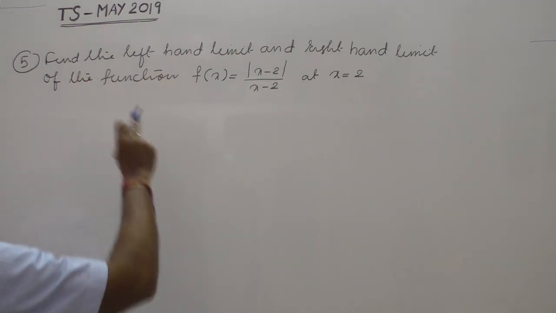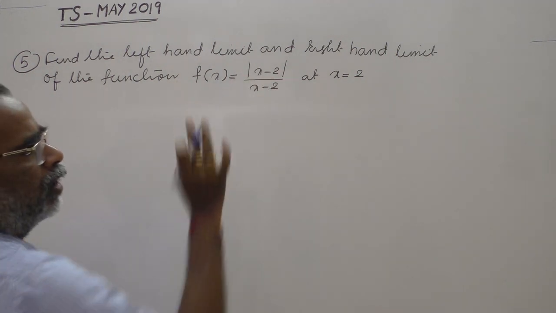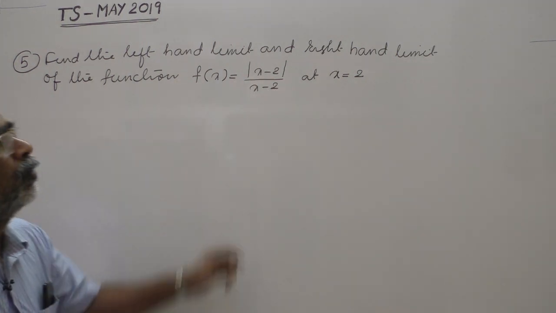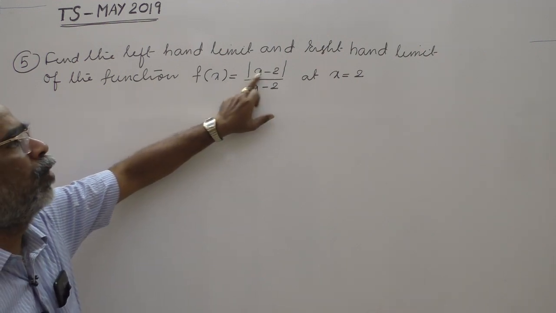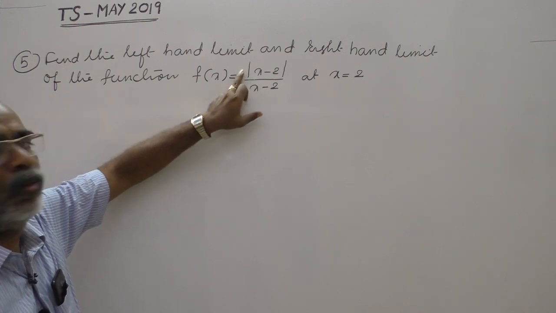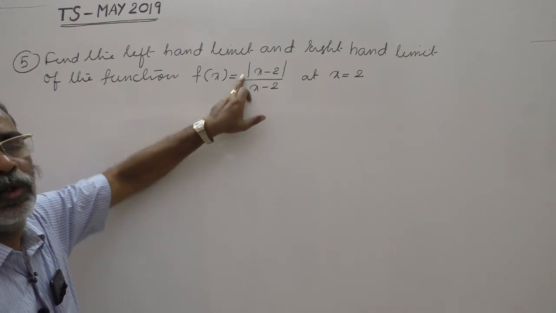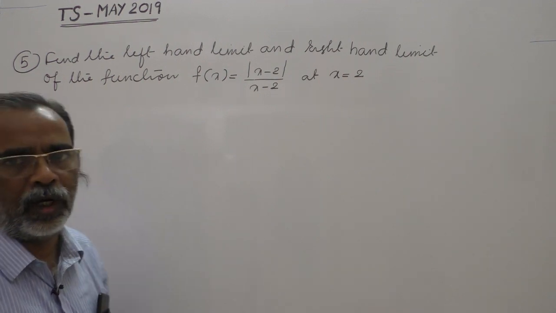Find the left hand limit and right hand limit of the function f(x) at the point x = 2. The function f(x) is given by mod(x − 2) divided by (x − 2). Here in the numerator mod is there. So the mod function is a piecewise function. It is a dual function.